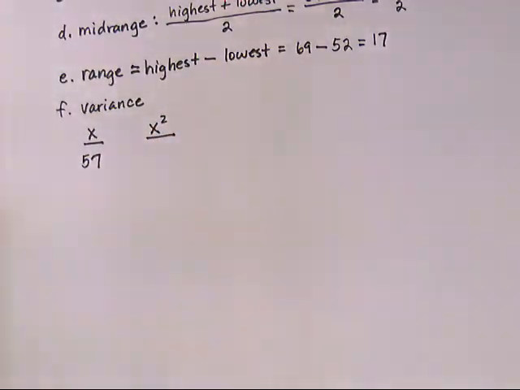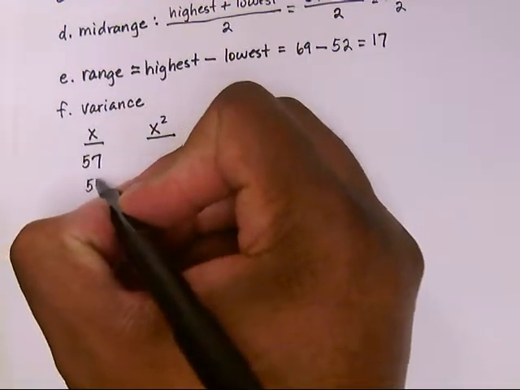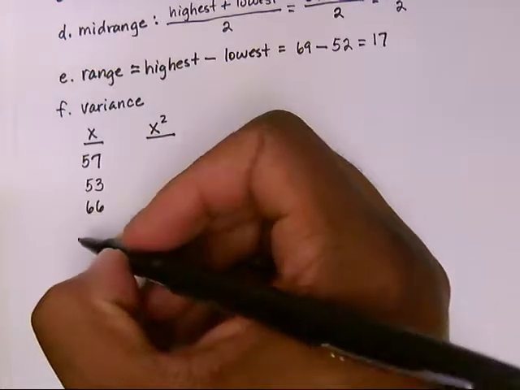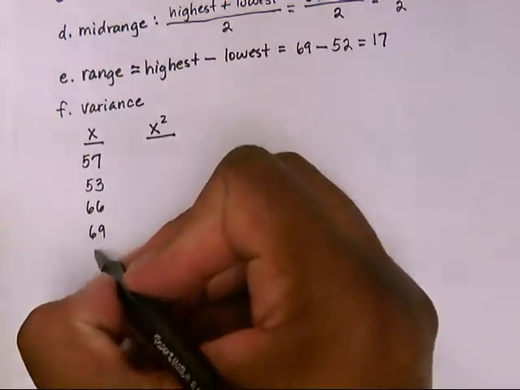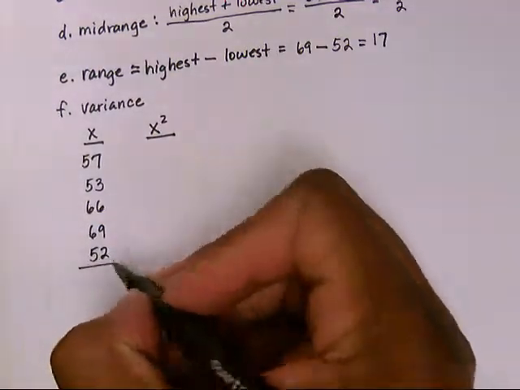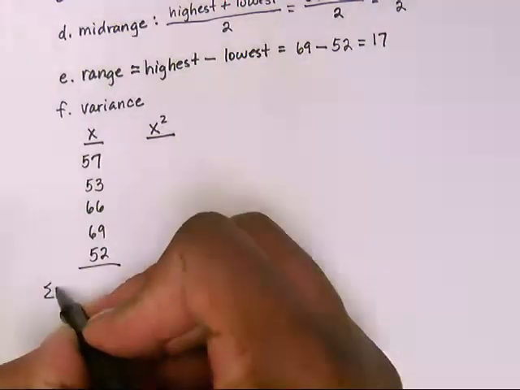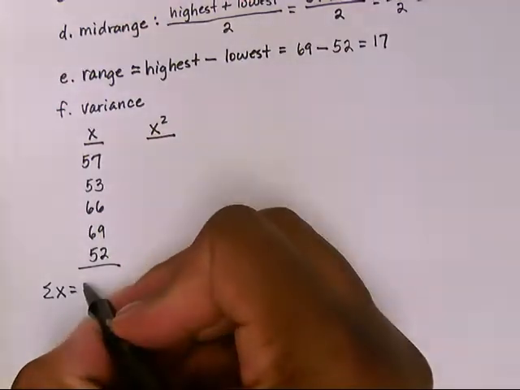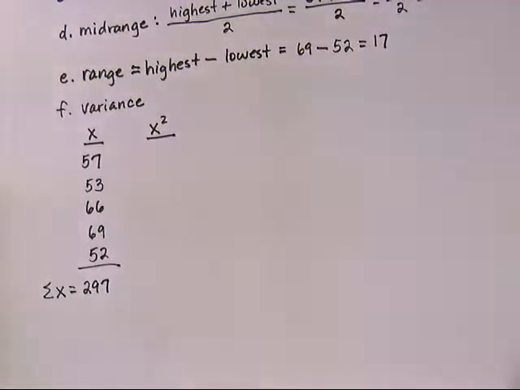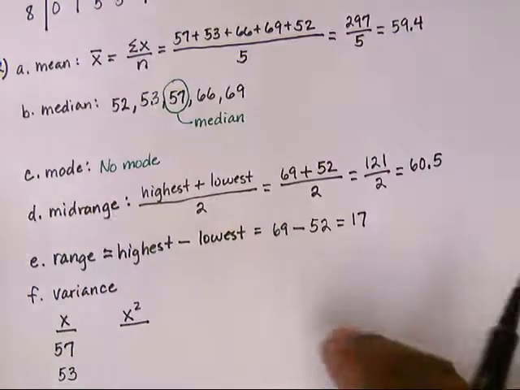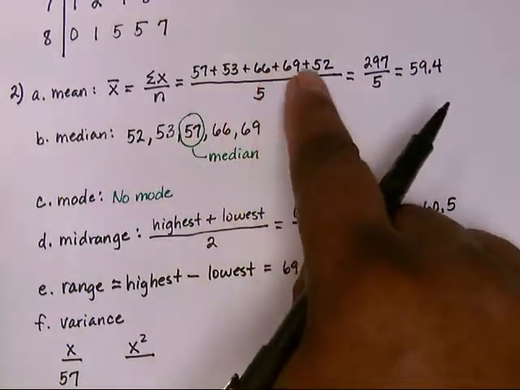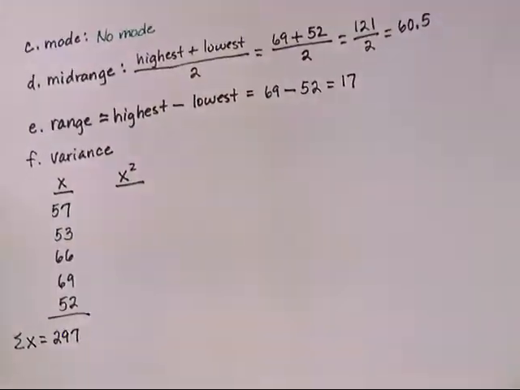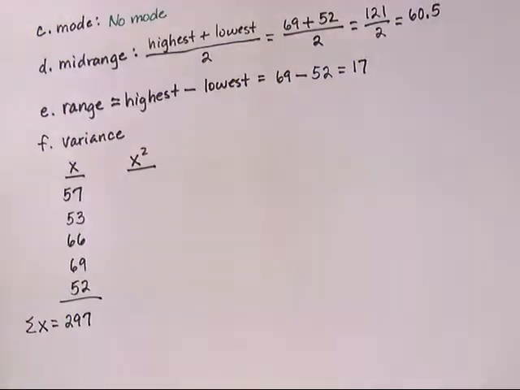That's the 57, 53, 66, 69, and 52. If I get the sum of these x values, I can add these numbers up, and that would end up being 297. I know that because when I found the mean, the sum of those 5 numbers was 297. So the sum of these x values is 297.